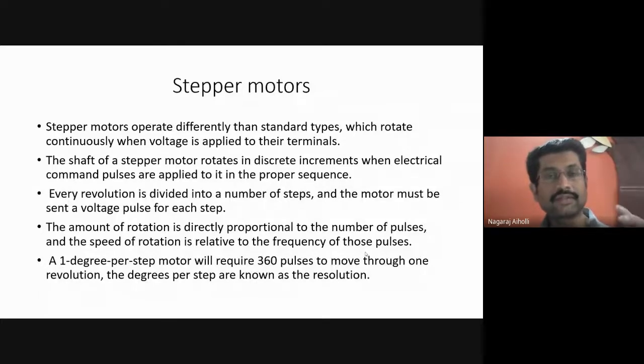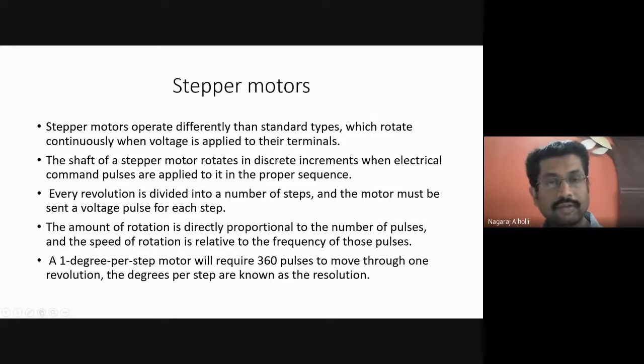Very good. Because one step is 60 degrees, so 360 divided by 60 is 6. Right? It makes 6 steps. So stepper motors are different from the standard or normal types. The normal types rotate continuously, whereas the stepper motors rotate in steps.